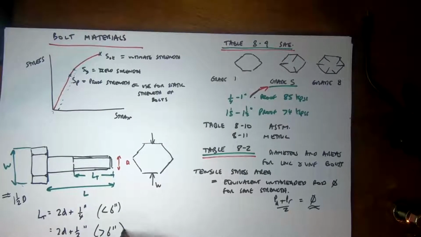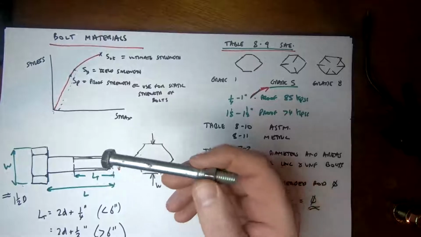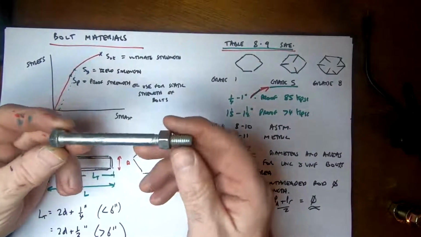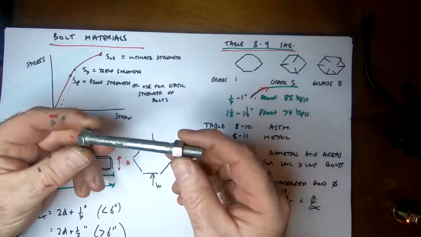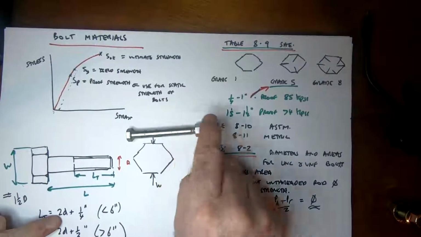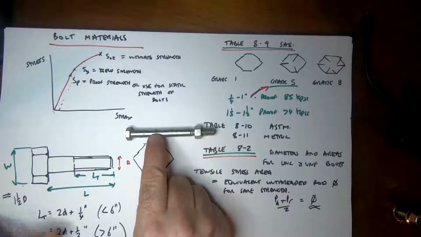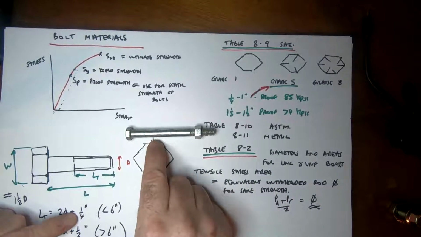So for example, the bolt I have here is a 4-inch bolt, and if you apply that, the diameter of this bolt is 3/8 of an inch. So 2 times 3/8 gives me 6/8 plus 1/4, so that's another 2/8. Effectively, it gives me basically 1 inch.